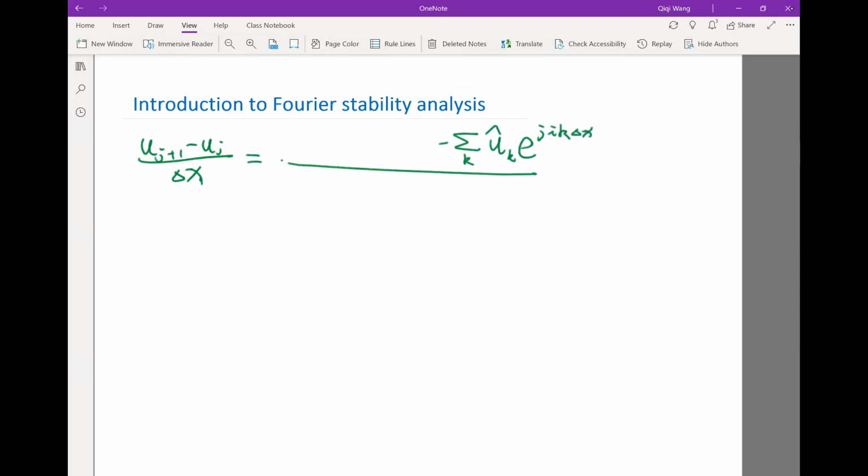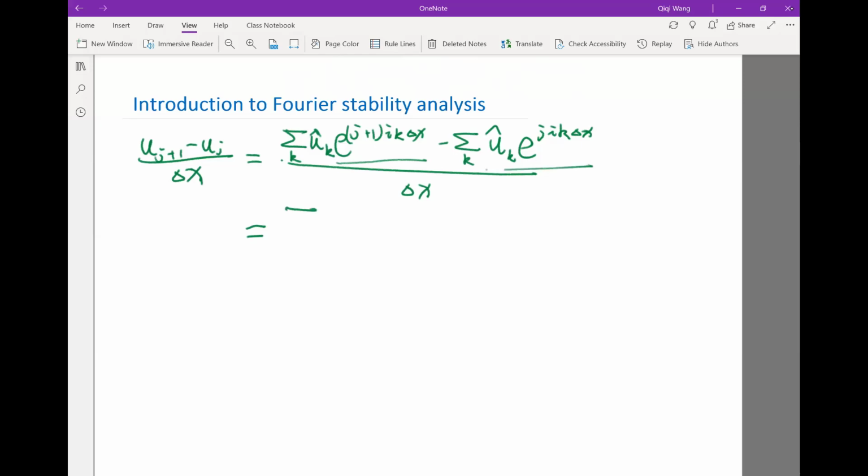Then correspondingly, my u of j plus 1 is equal to summation of the same kind of u hat k times e to the (j plus 1) i k delta x, divided by delta x. Again, I split the exponent of a sum into the product of exponents, and one of the products is going to be exactly the same as that, right?